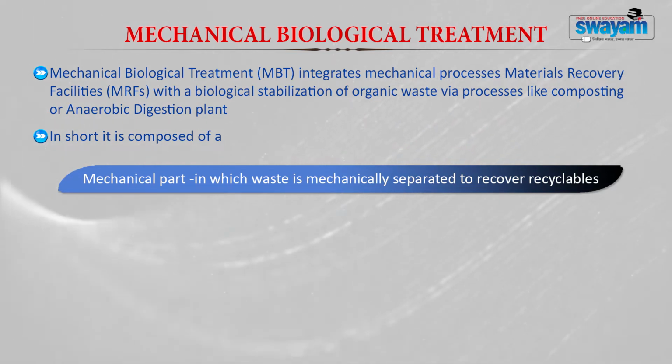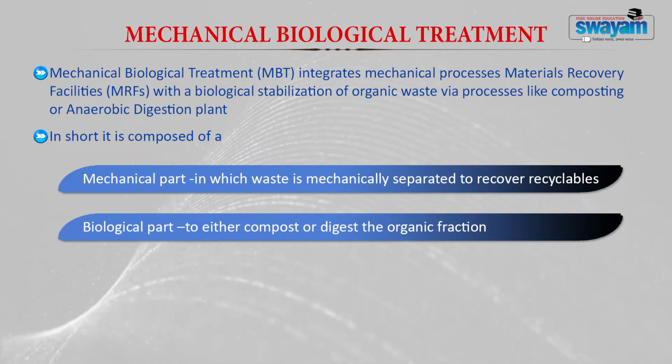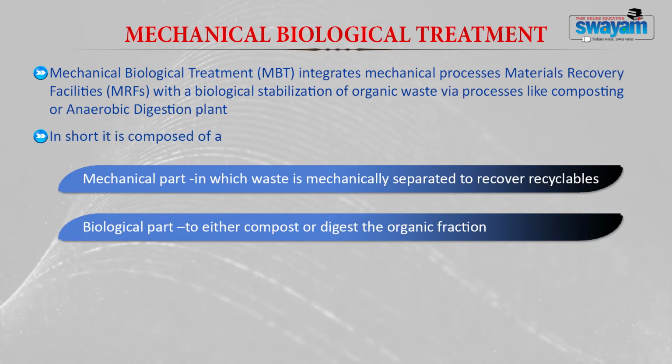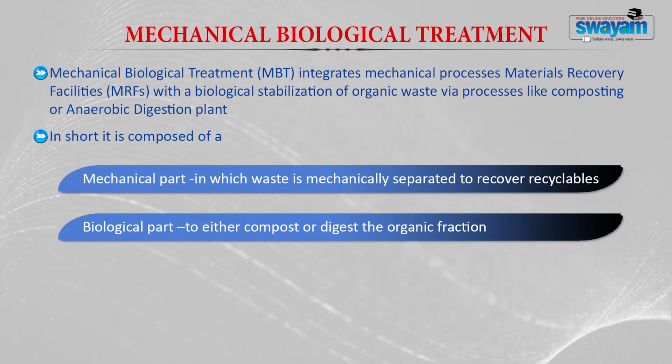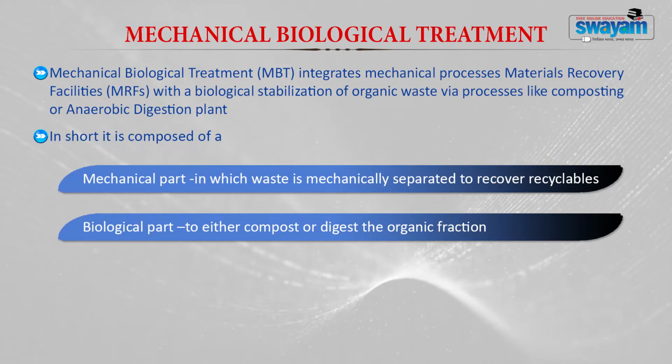The second component, the biological part, consists of the biodegradable material. It can be subjected to composting or any other biological treatment like anaerobic digestion, and you can degrade the biological or organic fraction present in the waste.